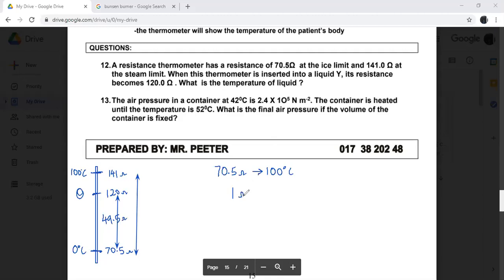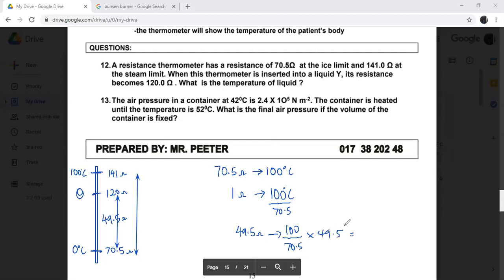So we know every 70.5 ohms of resistance is equivalent to 100 degrees Celsius, so divide by 70.5. Now we know the change in resistance is 49.5 ohms, which should be equal to 100 divided by 70.5 times 49.5.